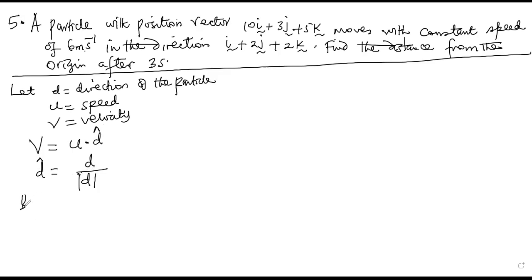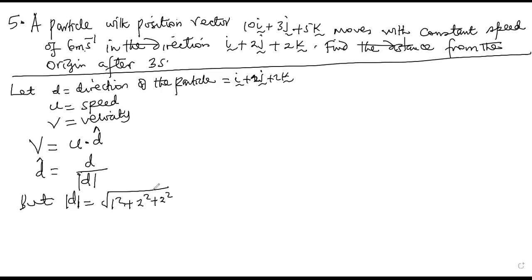Now to get this directional unit vector, we get the direction itself over the magnitude of the direction. The magnitude of the direction is equal to the square root of 1 squared plus 2 squared plus 2 squared, the direction being i plus 2j plus 2k.